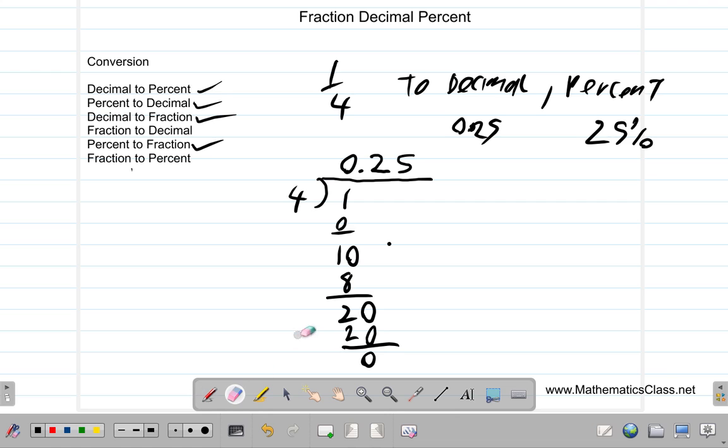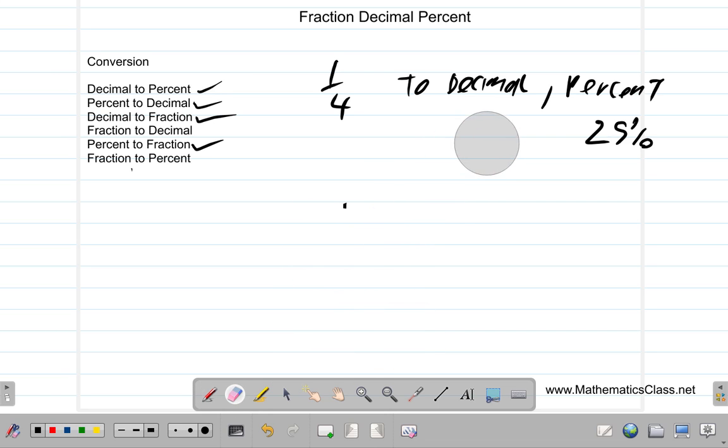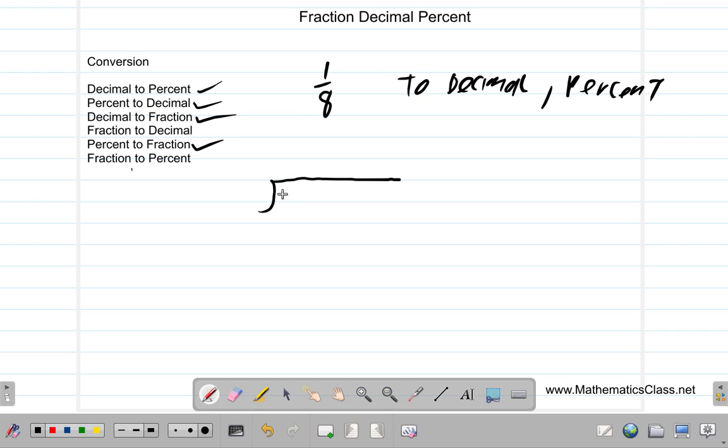Try another one. Suppose you have 1/8. Again, use long division. 8 into 1, you can't. 0. 0 times 8 is 0. 1 minus 0 is 1. Multiply by 10, you get 10. So 0 point, then 8 into 10.